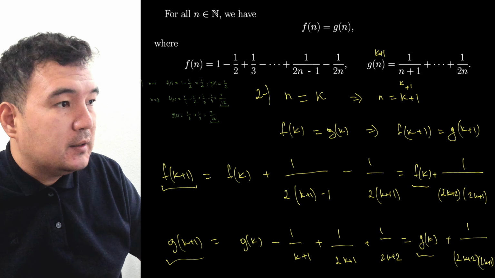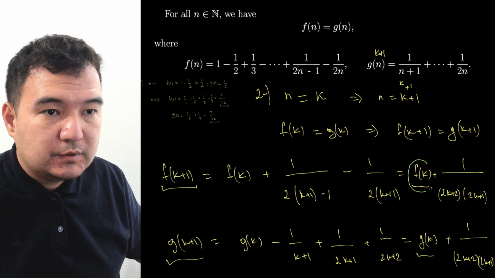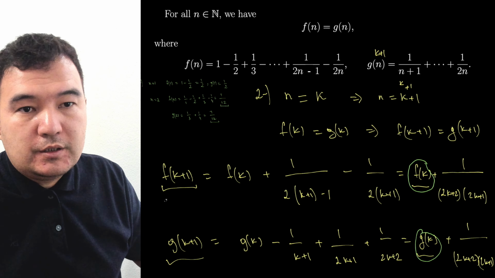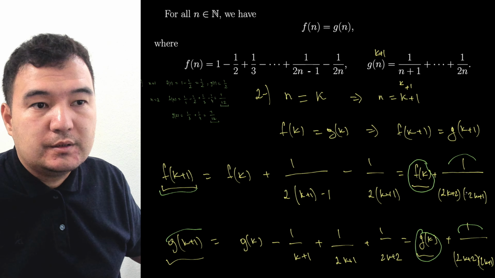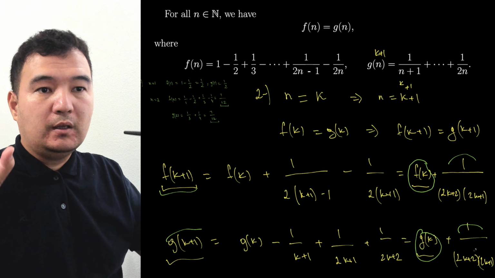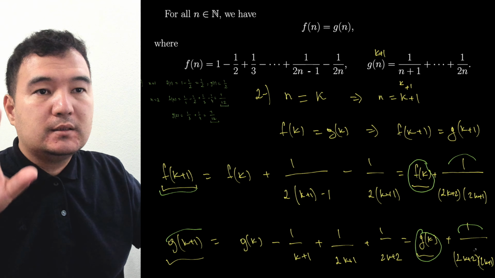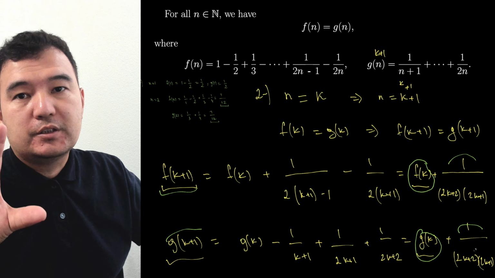So here is the proof. Since f of k is equal to g of k, the only difference between f of k plus 1 and g of k plus 1 is this extra term, which is the same in both of them. So you have two equal numbers, and if you add the same number to both sides, you would expect them still to be equal to each other.